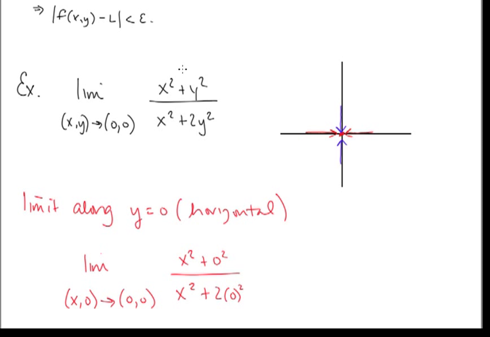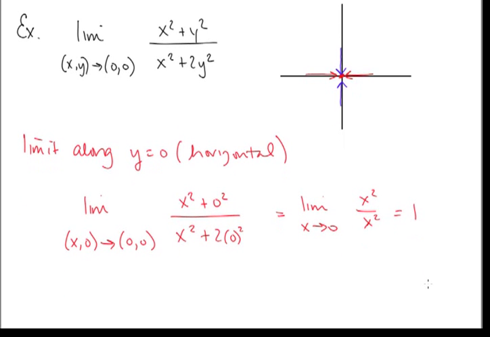Because we're only looking at the function values along this path, and along this path, all the y values are 0. So this is essentially the limit as x goes to 0 of x squared over x squared, which is 1.